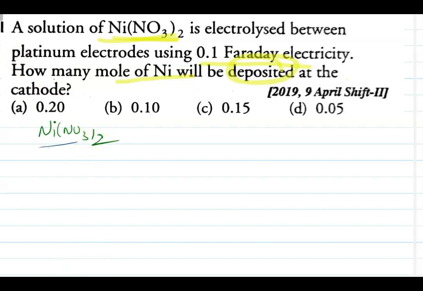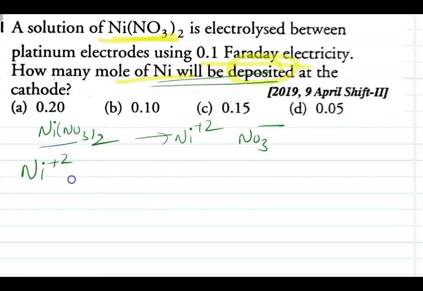Nickel nitrate is given, consisting of nickel as Ni2+ and nitrate as NO3-. What is being deposited is nickel. So when nickel has to deposit from Ni2+, how many electrons does it have to take? It has to take 2 electrons, right?